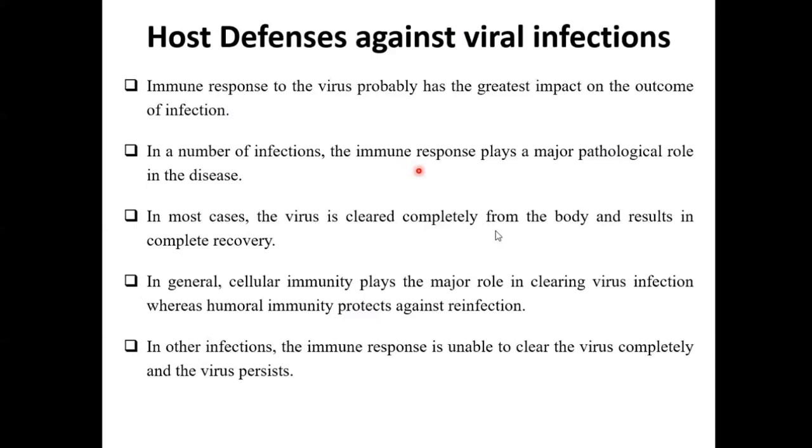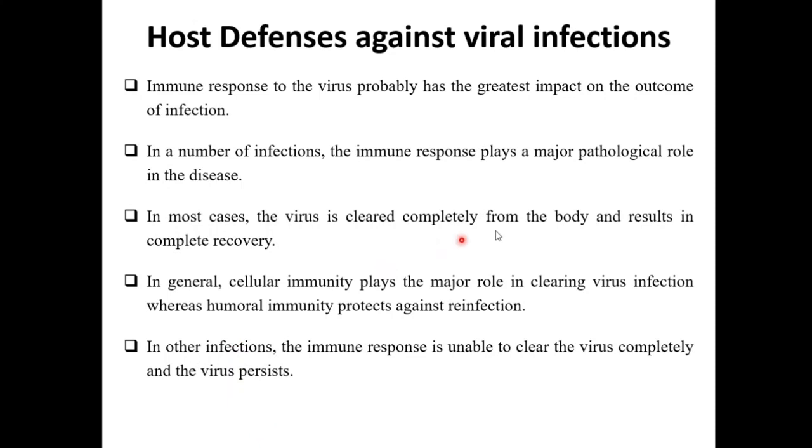Viruses themselves don't cause the problem as such, but a huge inflammatory response induces destruction of tissue, and the disease is then just the result of that overreaction of the immune response.